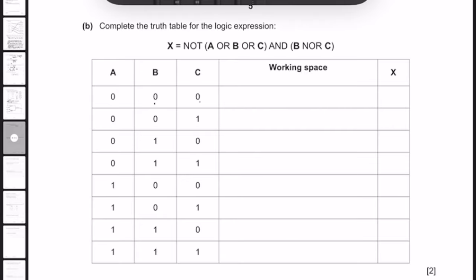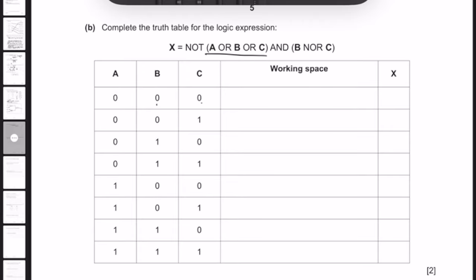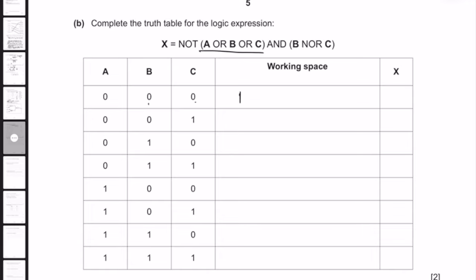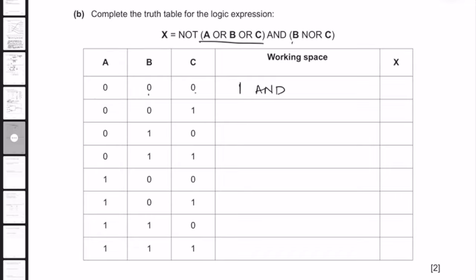Firstly, let's check for A or B or C. In the first case, A or B or C is not true. So NOT of not true becomes true. So that is 1. And B NOR C is also true for this one. One sec.